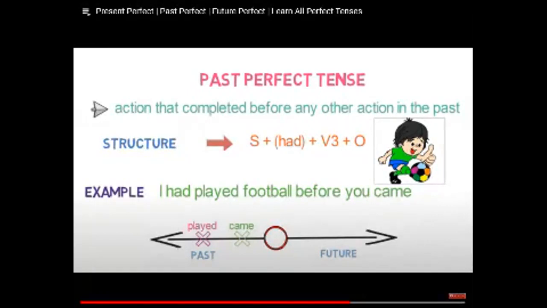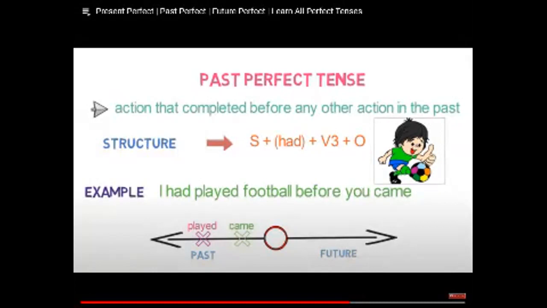See, I have used two actions here: one is played and the second is came. My first action, which I started, was playing, and I completely finished this action. That is the reason I moved to talk about another action. I had played football before you came.